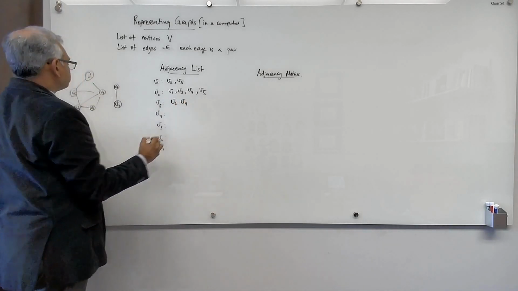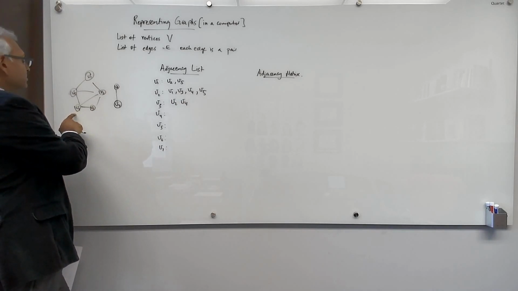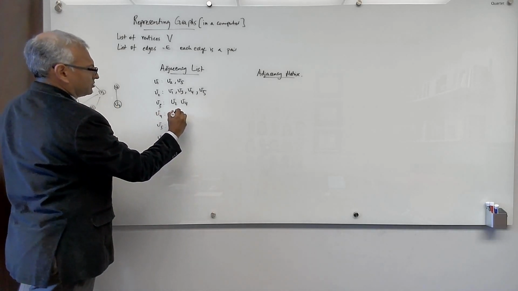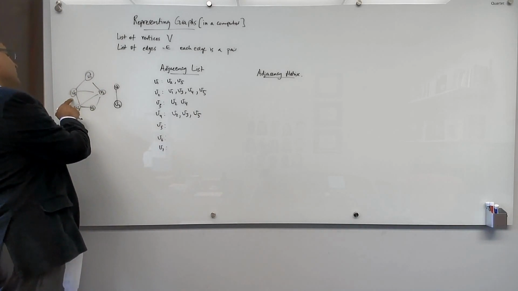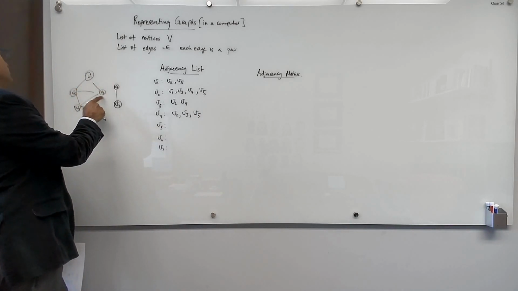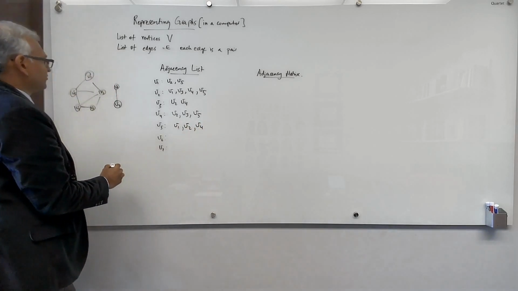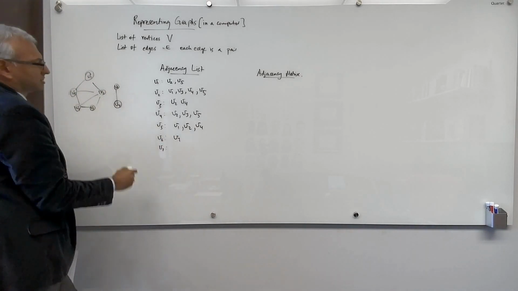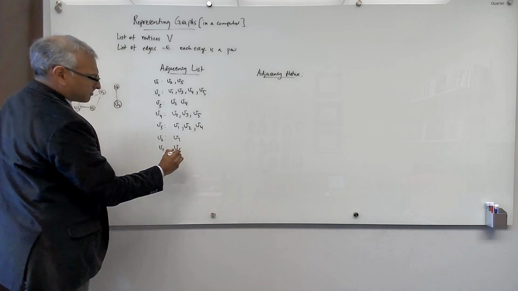V4 is connected to, as neighbors, V3, V2, V5. V5 is connected to V1, V2, V4. And finally, V6 is connected to V7, and V7 is connected to V6.